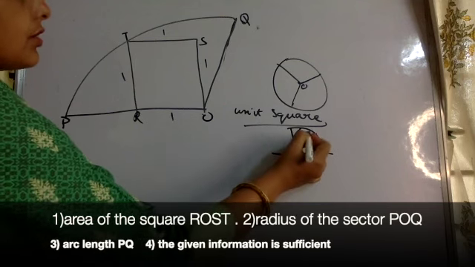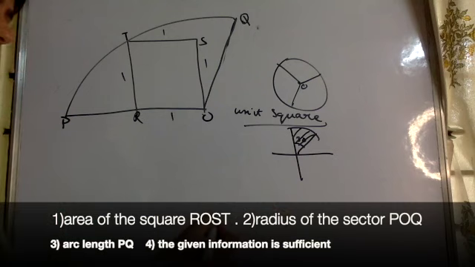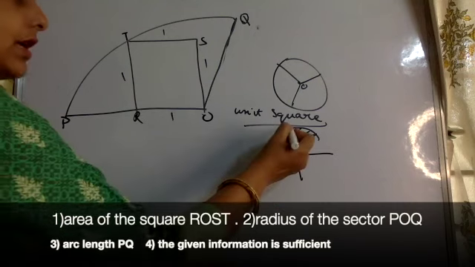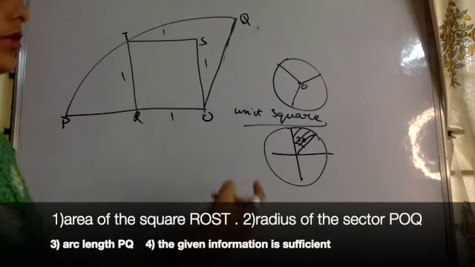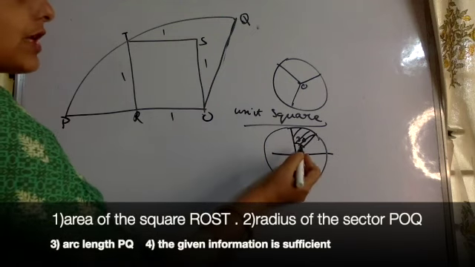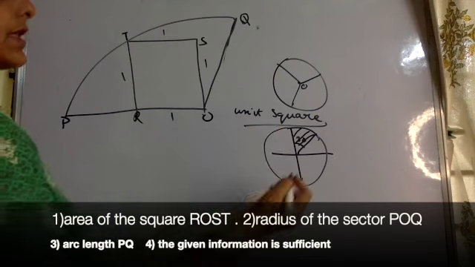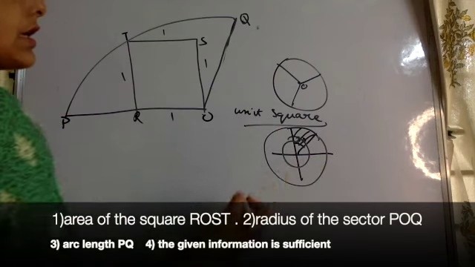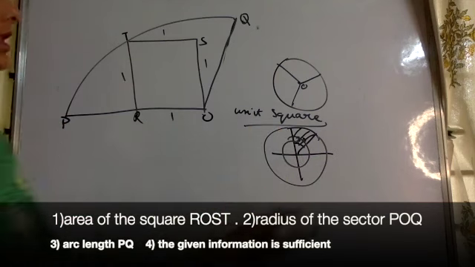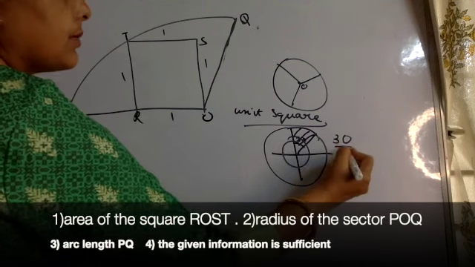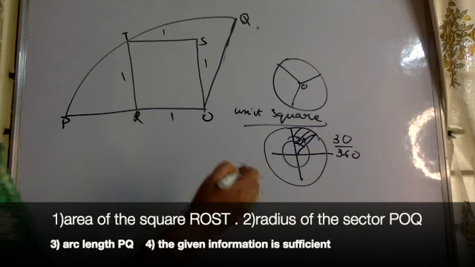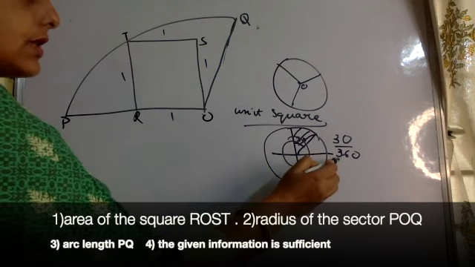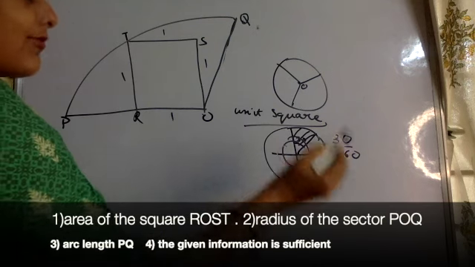In order to find this, see, the full area is pi r square for any circle. Now if I want the area of a 30 degree sector, the full angle is 360. So 30 by 360 is the fraction, because for the full angle of 360 degrees we have pi r square.